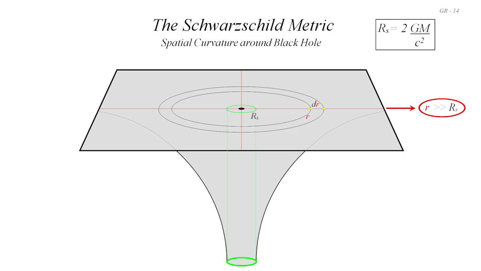At large values of R, far away from the mass m, it should be obvious from this picture, just as it was from the mathematics, that the surface is flat. However, as you get nearer and nearer to the black hole, the distortion gets worse. The small distance dr between the two points measured at the same time using the red coordinate system can be illustrated more clearly by this red line between the two yellow dots.